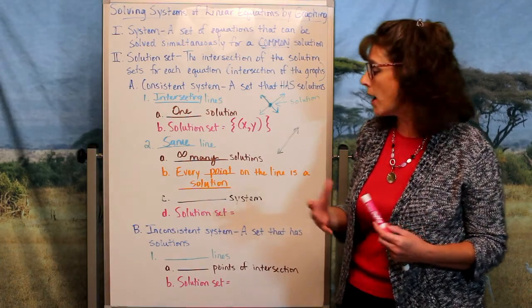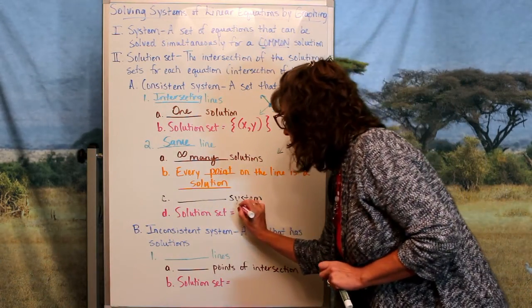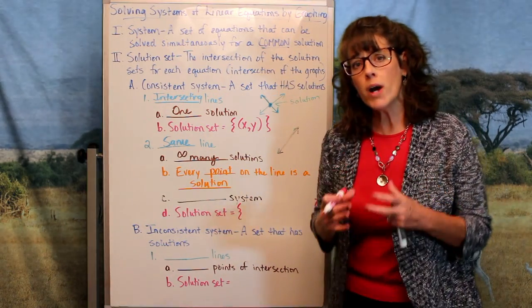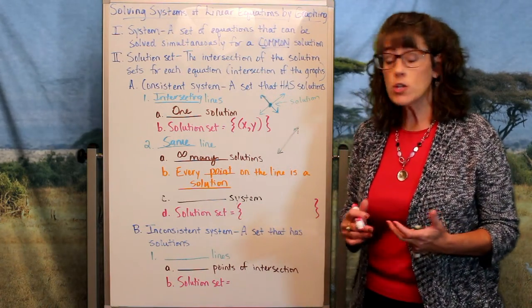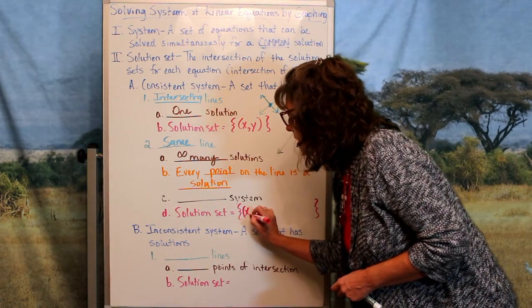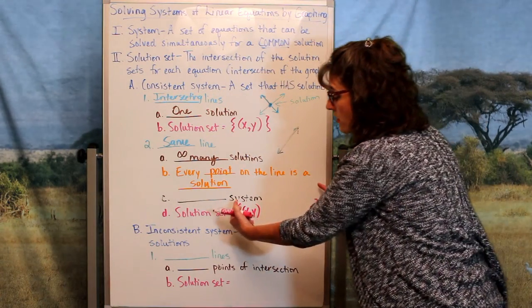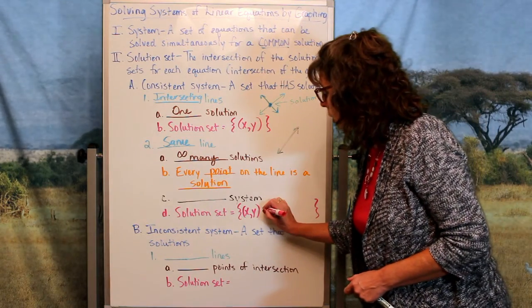Now, how do we describe that? Remember, we're talking about a solution set, so I'm going to use braces to indicate a set again. And what I want to say is every point on the line is a solution. So this time I'm going to use a generic x, y. I'm not going to put any numbers in there at all. This says the set of all points, and then I'm going to put a colon.